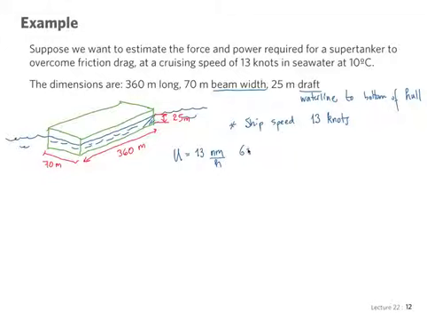Each nautical mile is 6,076 feet. And then we are going to go to meters, so 0.305 meters per foot.